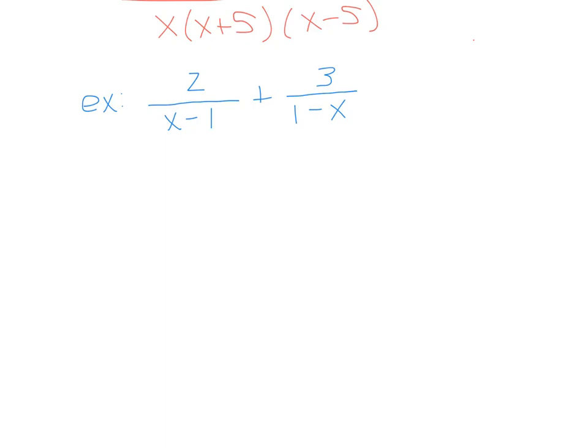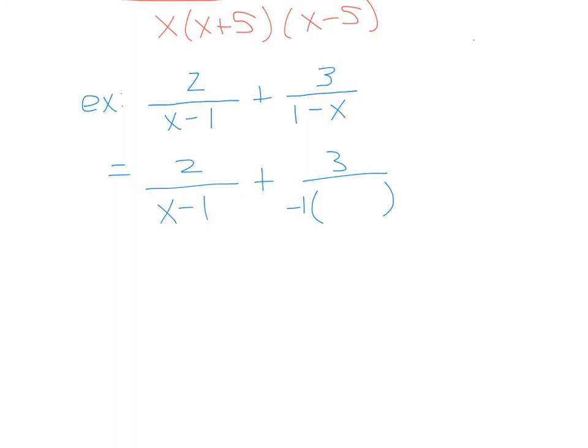Okay, let's look at this one. It looks like they don't have the same denominator, but let's do something to the denominator of the second rational expression. Let's factor out a negative 1. Okay, so let's factor out that negative 1 and figure out what we're left with. Okay, let's start with the negative x.